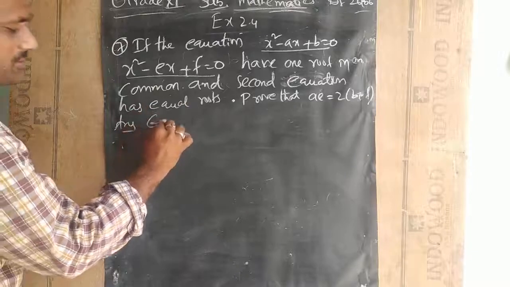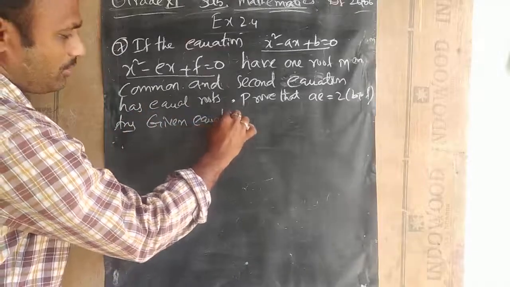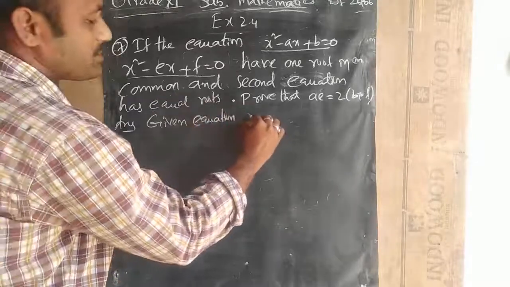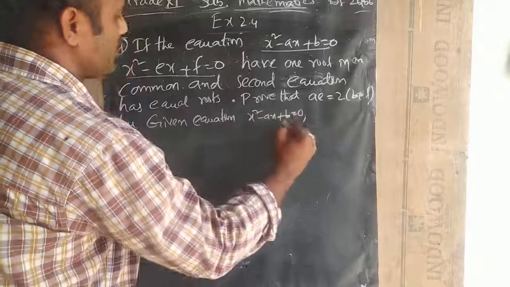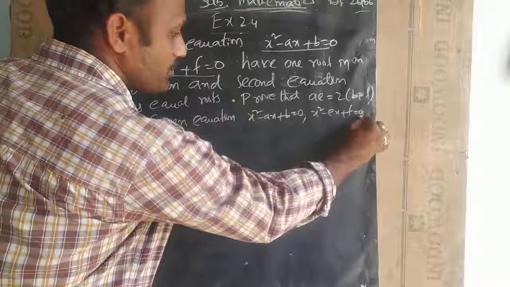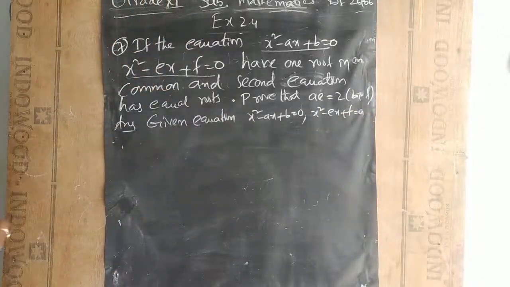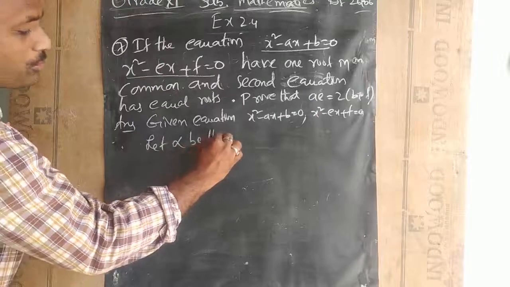So the given equations: x² − ax + b = 0, and the second equation is x² − ex + f = 0. These are the two equations. Let alpha be the common root.